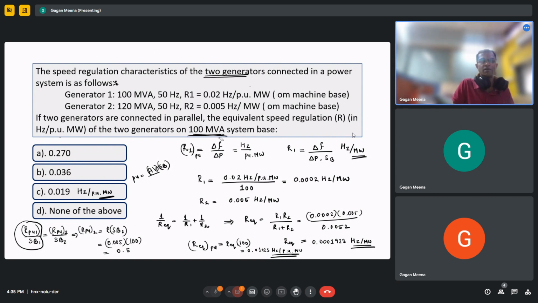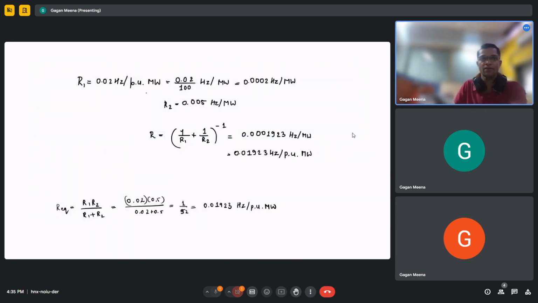Both ways will give the same answer. So you can do both ways. So this is method one, and this is method two.